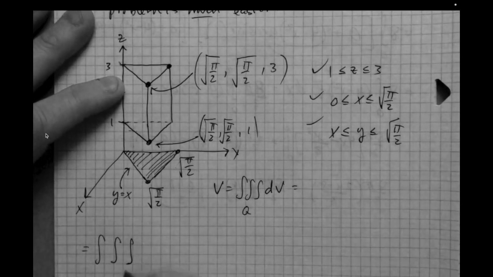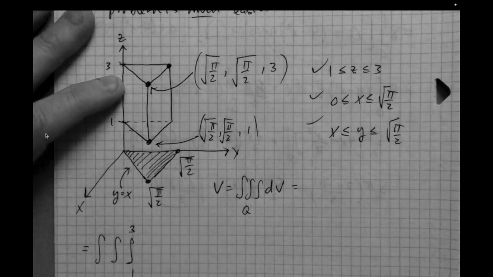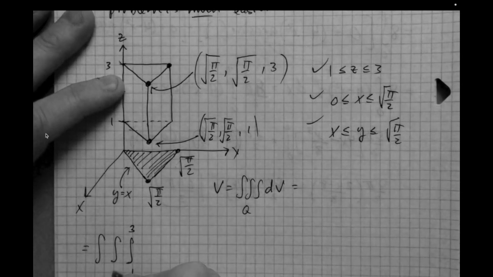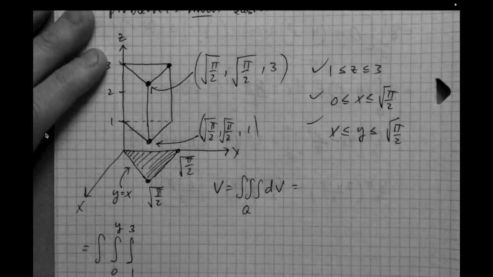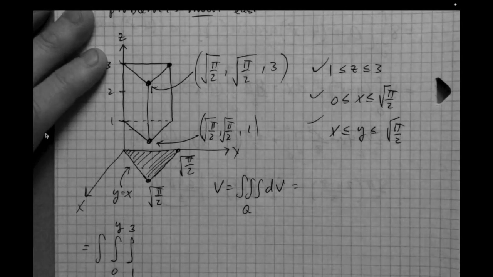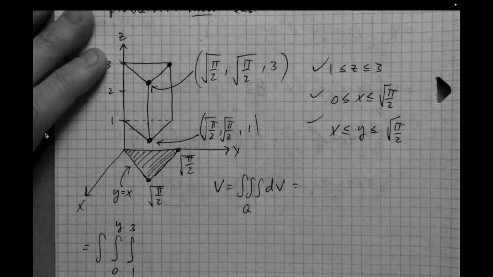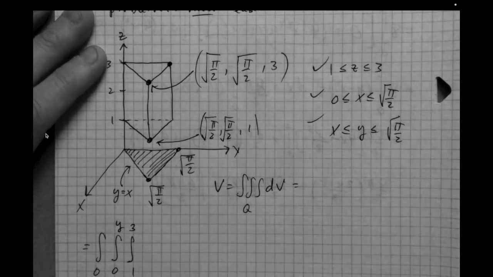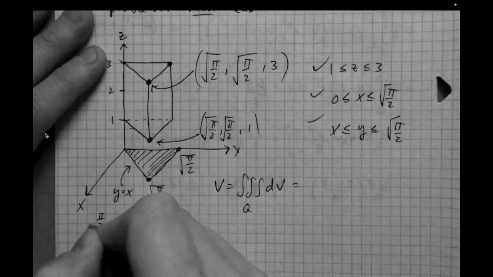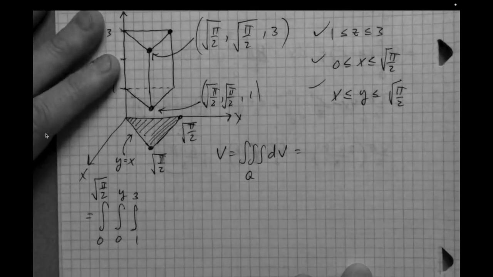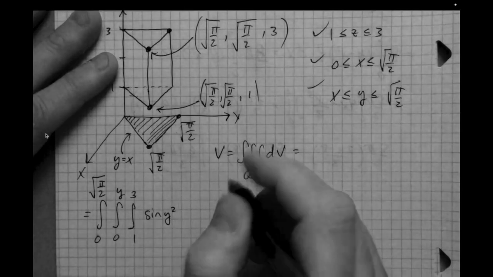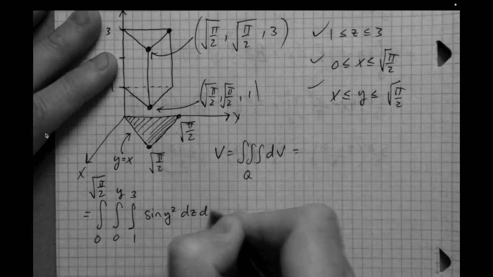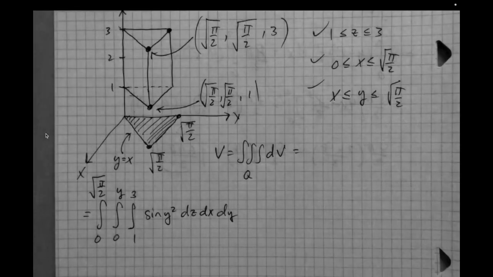The inside would be 1 up to 3, that's the z, and then x will be 0 up to y, and then y is 0 up to the square root of pi over 2. Okay, and then it's sine of y squared, and it's dz dx dy.